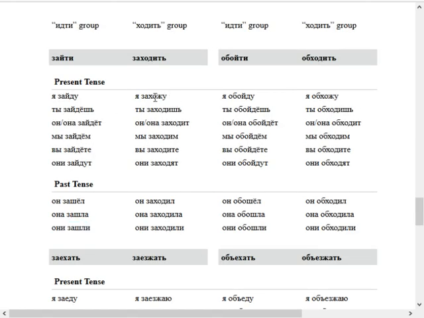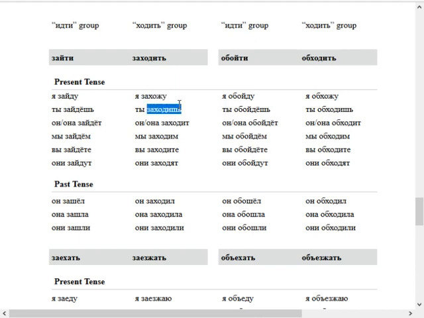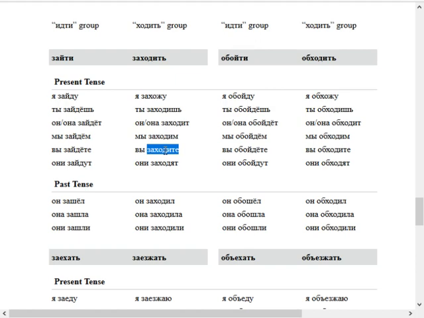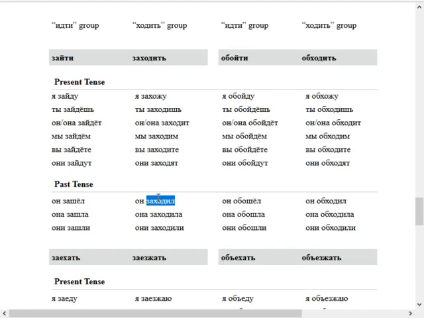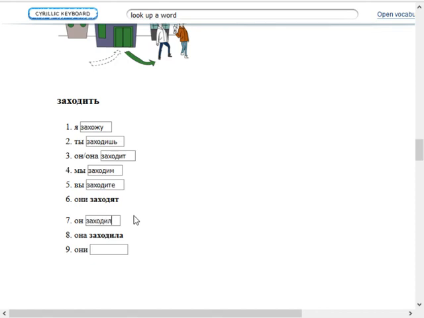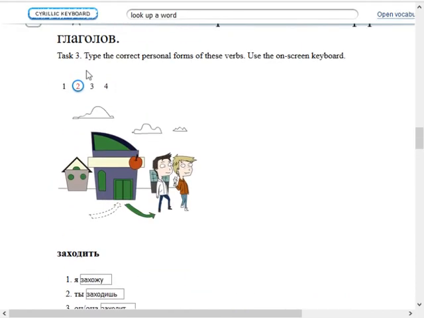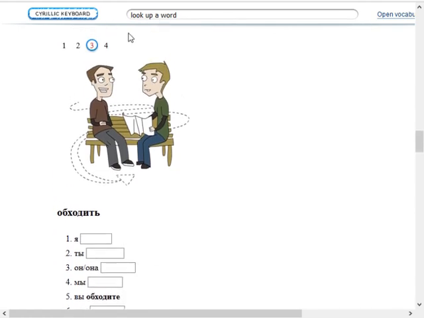So, я захожу, ты заходишь, он or она заходит, мы заходим, вы заходите, они заходят, он заходил, она заходила, and они заходили. Yes. Okay. Number 3 is обходить, to walk around.